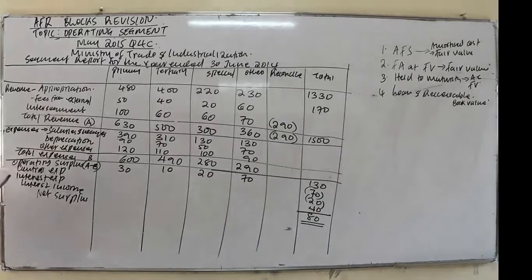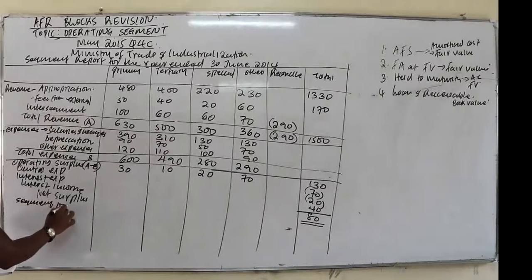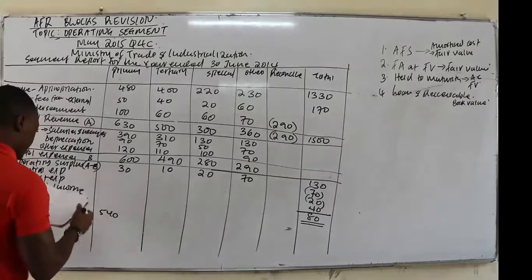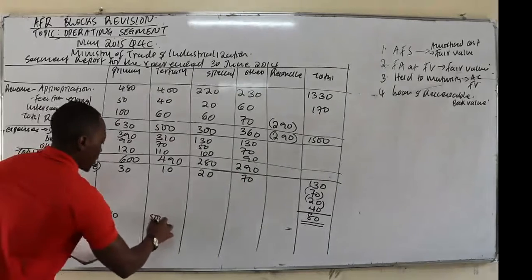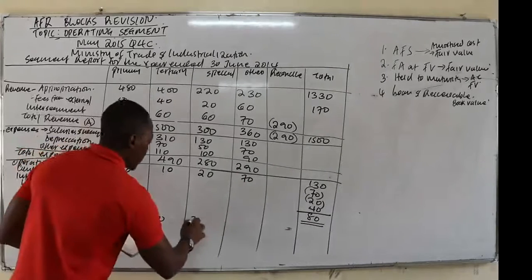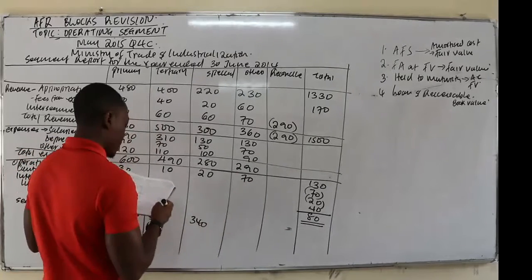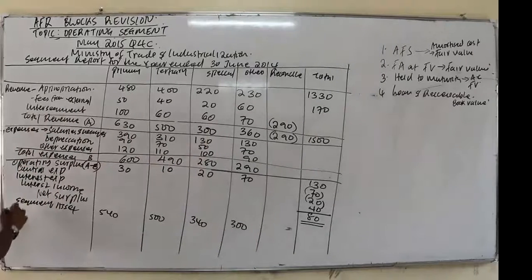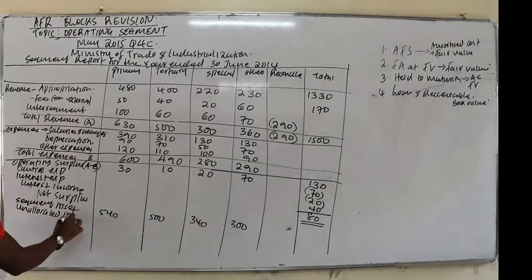Then another information, we have segment assets. And for segment assets, we have 540, 500, 340, 300. Then we have unallocated assets. So that now we get our total assets.